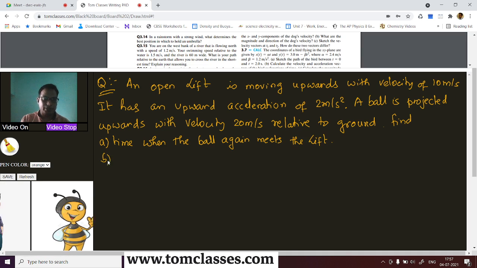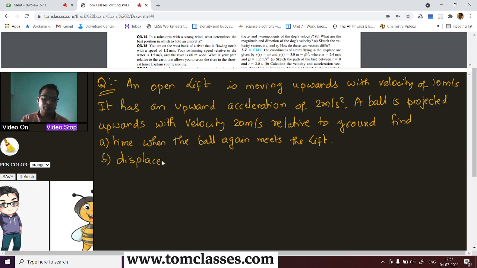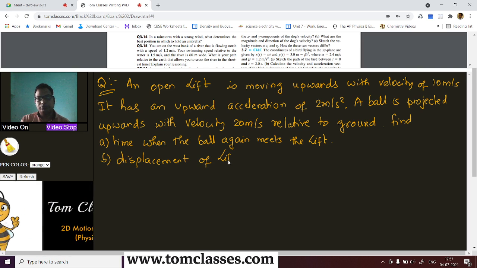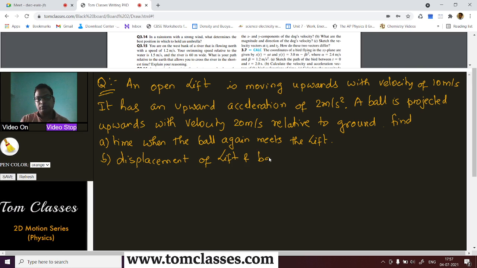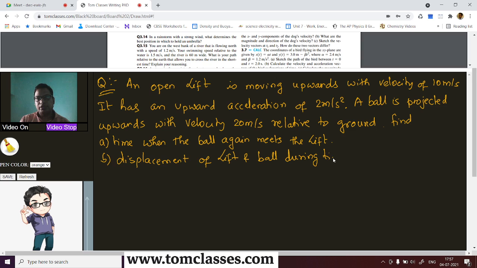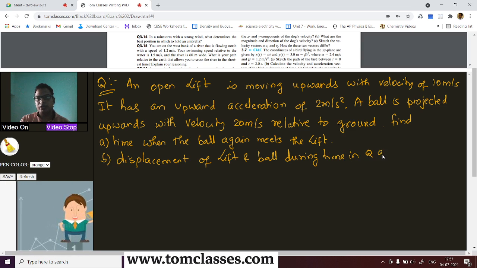B, displacement of lift and ball during time in question A part, right?